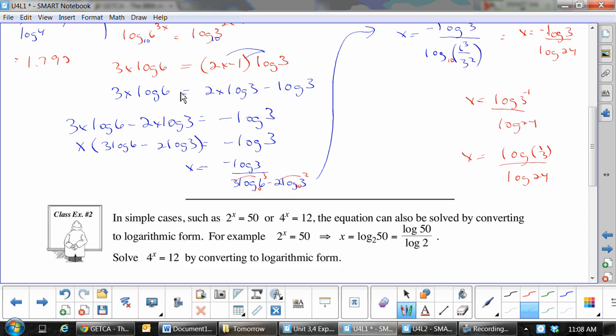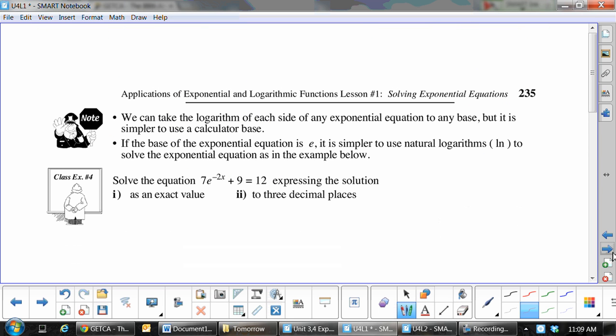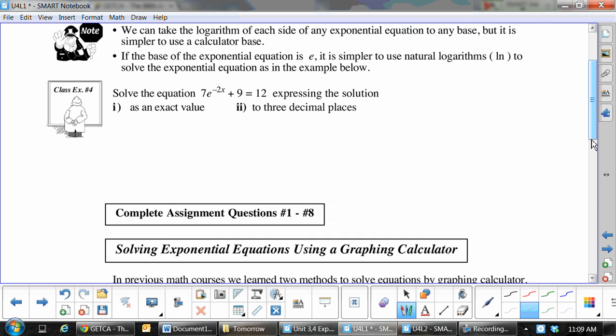Okay, let's go to example 4. This one says, let's do it as an exact value, okay? You guys, if you ever see anything in a question that says to 3 decimal places, do not solve it the long way.